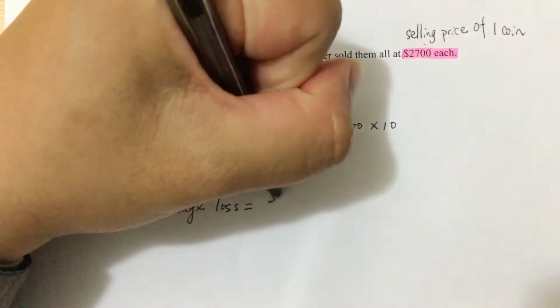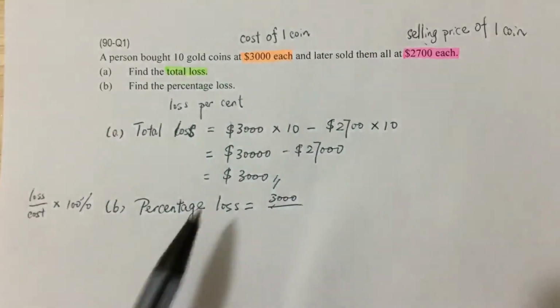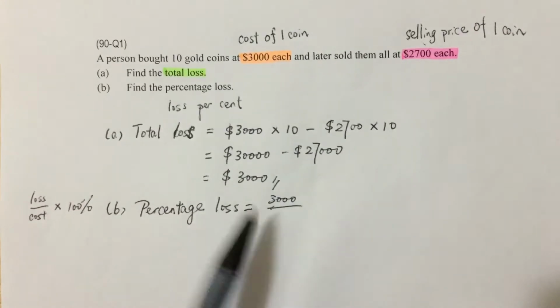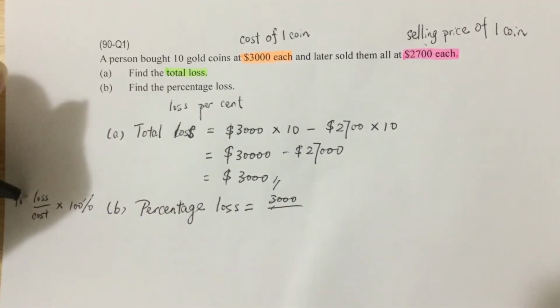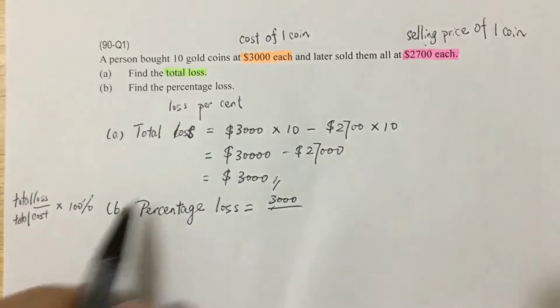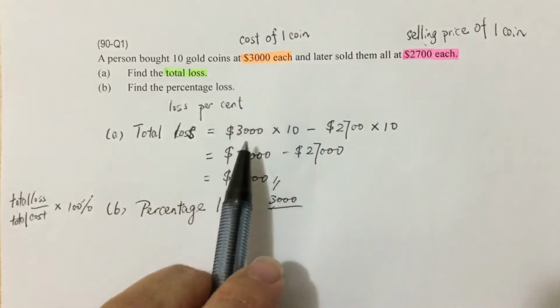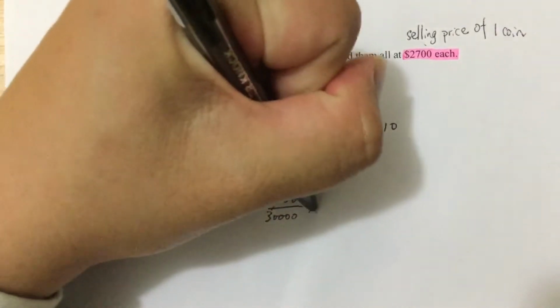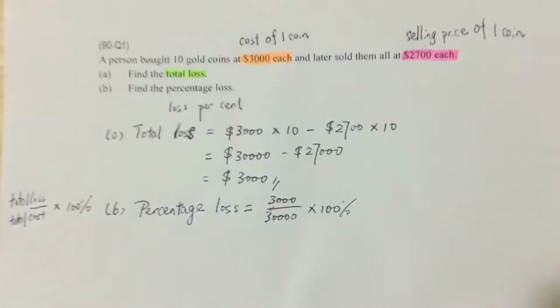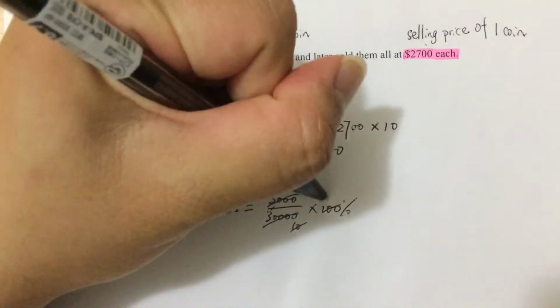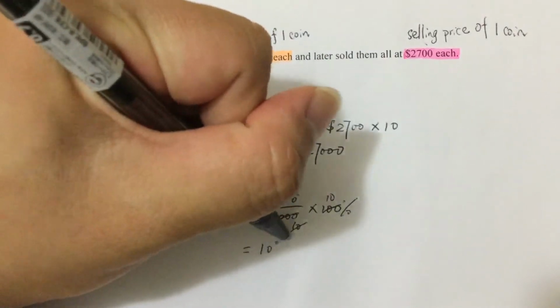So this is 3,000 here. And then you have the total cost. So the total cost this time is not 3,000, it's 30,000. So this is 3,000 over 30,000 times 100%. Okay, so you can do the cancellation. So the loss percent is 10%.